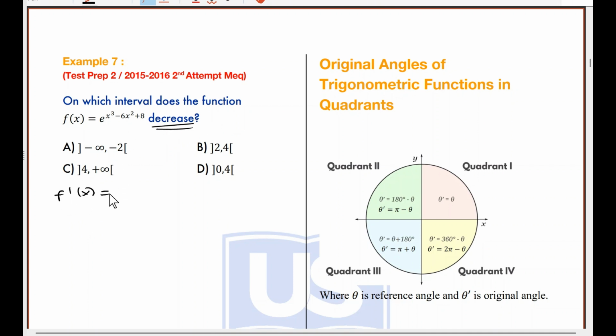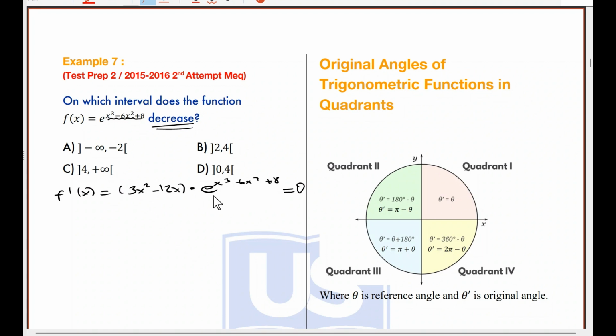The derivative of an exponential is the derivative of the exponent, which is 3x squared minus 12x, times the original function. So it is impossible for this function to be undefined, so we are going to equalize it to 0. And it's also impossible for an exponential function to be 0.